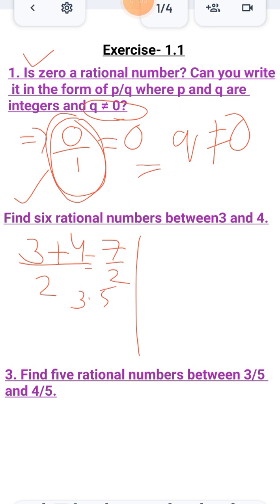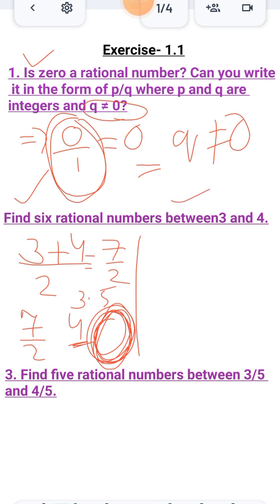So 3.5 is the first rational number, and the second rational number you find between 7 by 2 and 4, and the third between that resultant number and 4. This is the process, but it is so lengthy, so we have another method to find the six rational numbers.